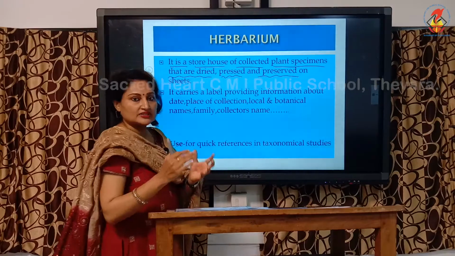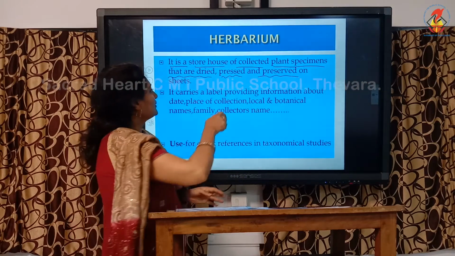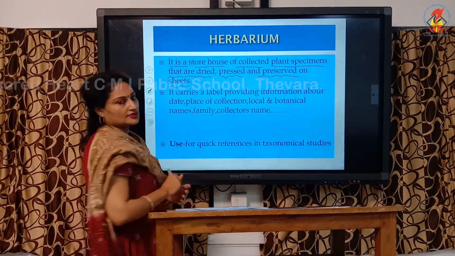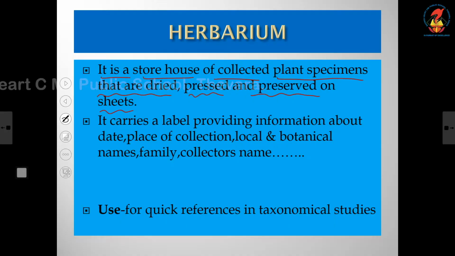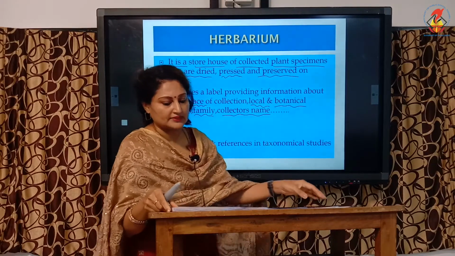So we pluck, we dry, press it and then preserve it on sheets. Clear? Next, it carries a label providing information about the date. I told you the date of collection, the place of collection, then the local or the botanical name, then the family and the name of the collector. See, all this is incorporated in this.